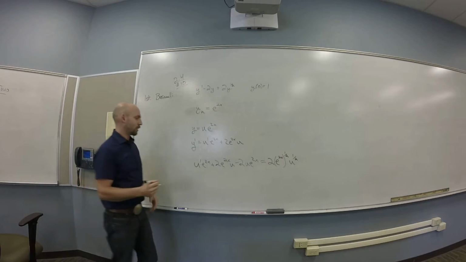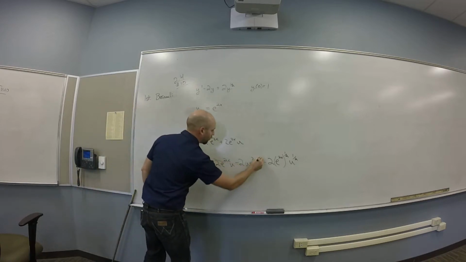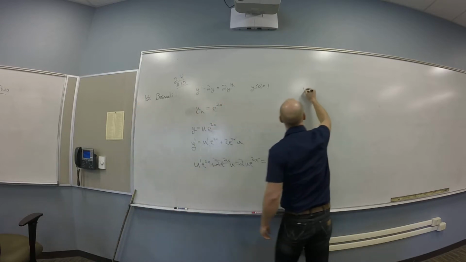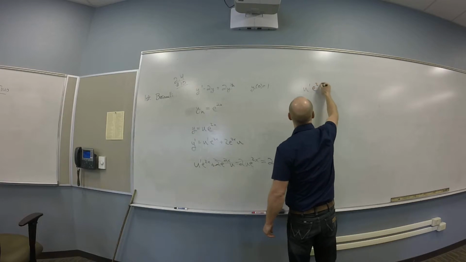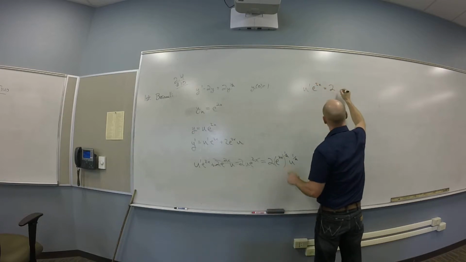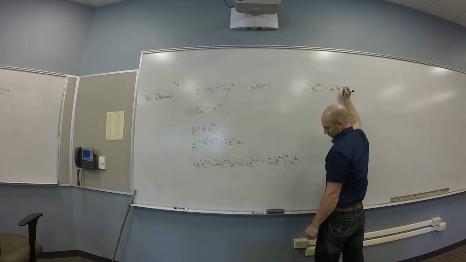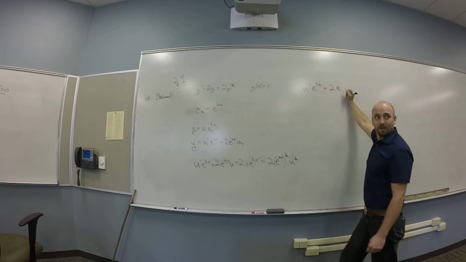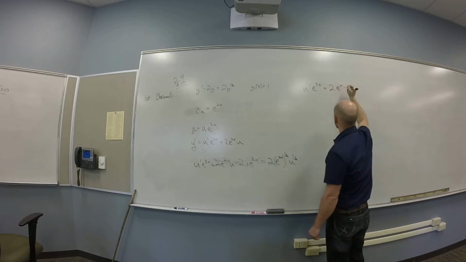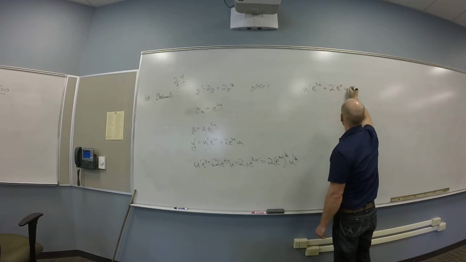Yeah. Notice the homogeneous bits drop off per usual. Okay, so then I'm left with u prime e to the 2x is 2 times... what do we get out of e to the 2x to the 1/2 power? e to the x. Just e to the x. And then you've also got a u to the 1/2.